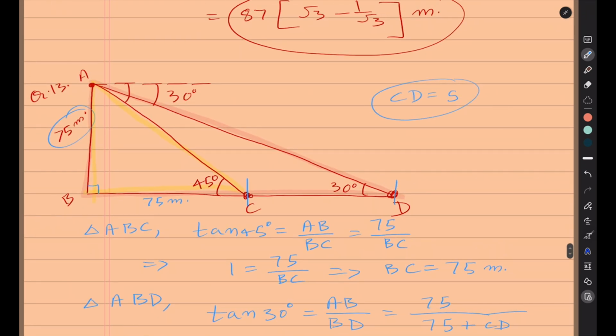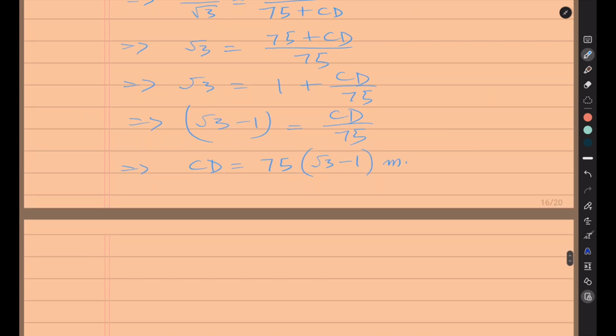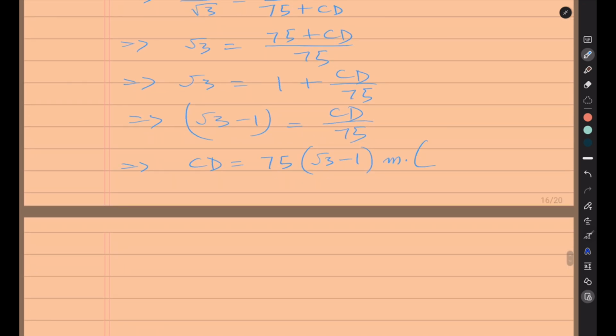So that is CD. So this is the distance between the two ships. So the distance between those two ships will be 75 multiplied by root 3 minus 1. That will be our answer.